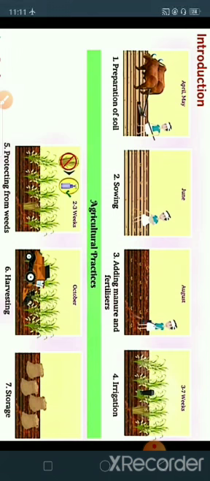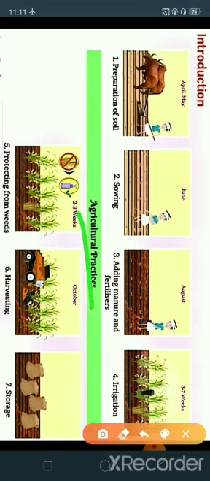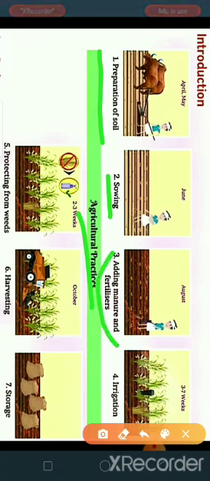These activities are called agricultural practices. These include preparation of soil, sowing, adding manure and fertilizer, irrigation, protection from weeds, harvesting and storage.